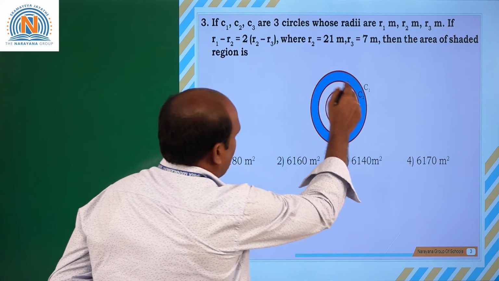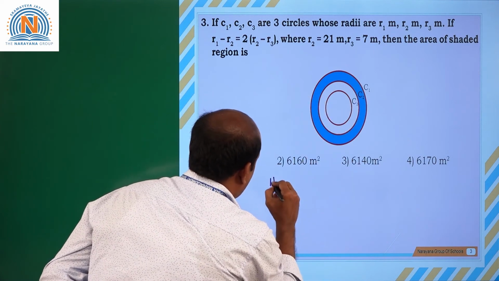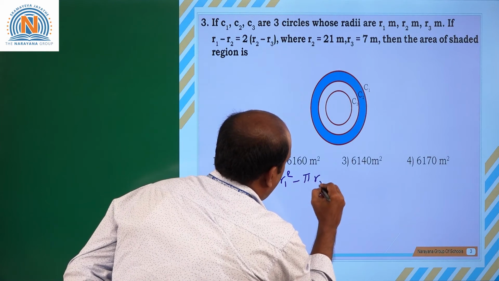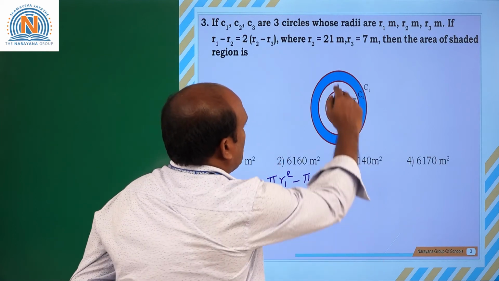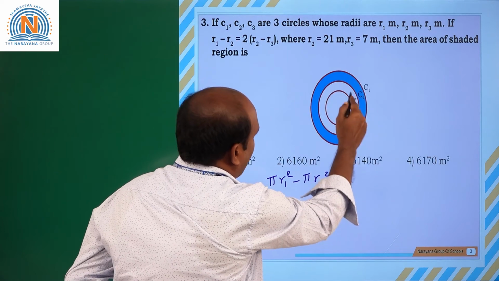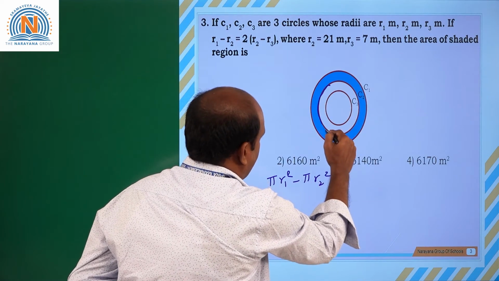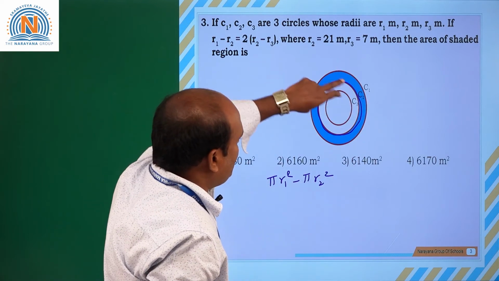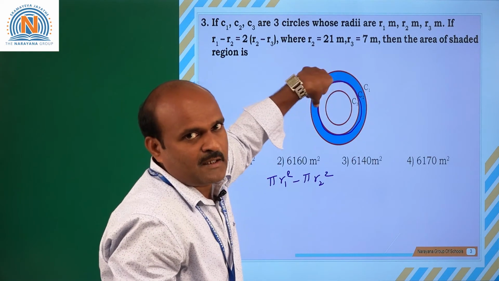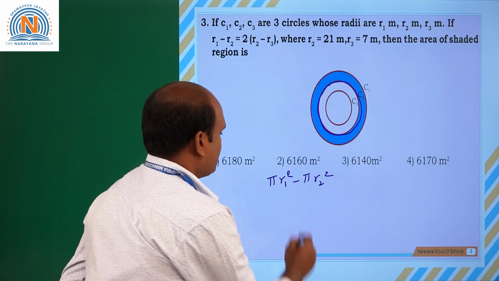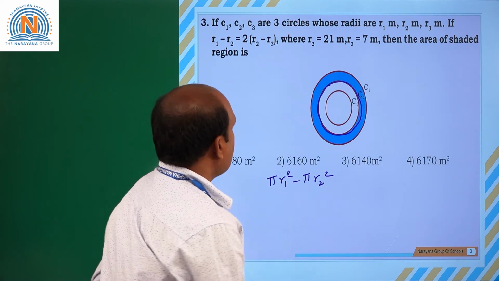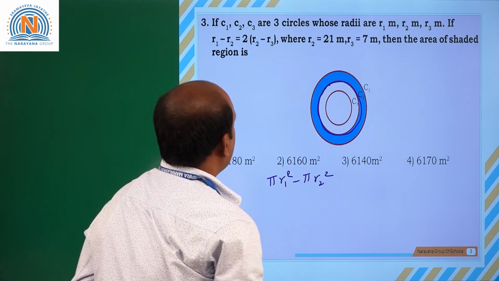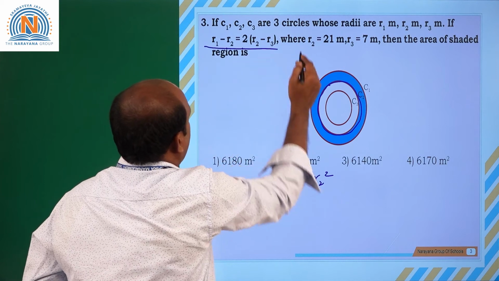So area of shaded is nothing but pi R1 square minus pi R2 square, right? This total outer circle C1 minus this inner circle C2. But we don't know the R1 value, but R2 value is given, 21. Now find the R1 value using this one.